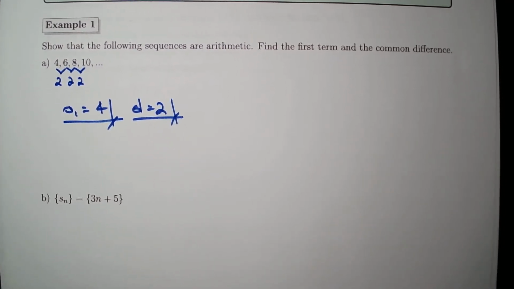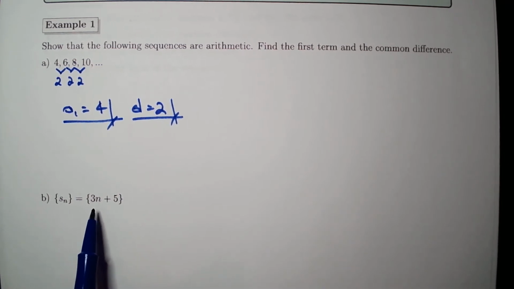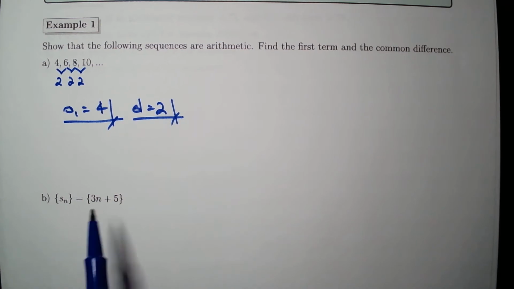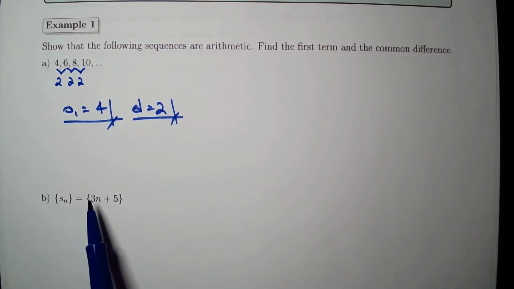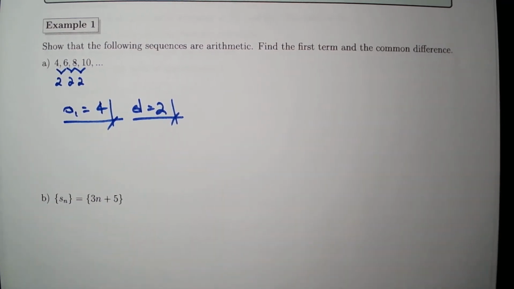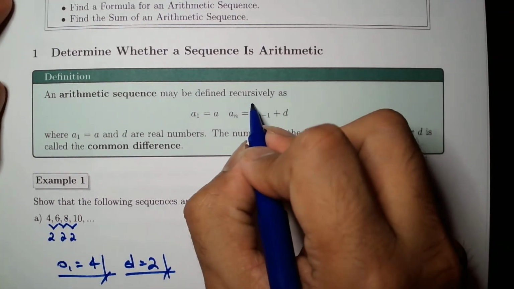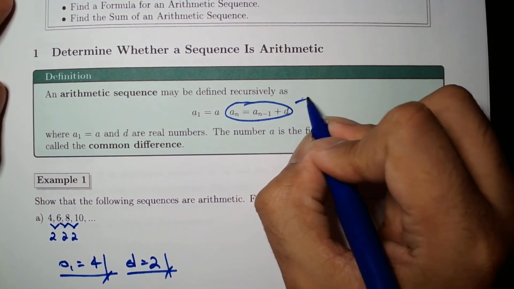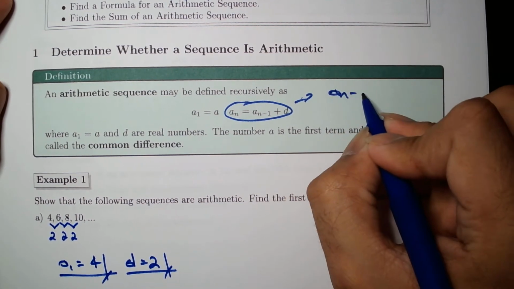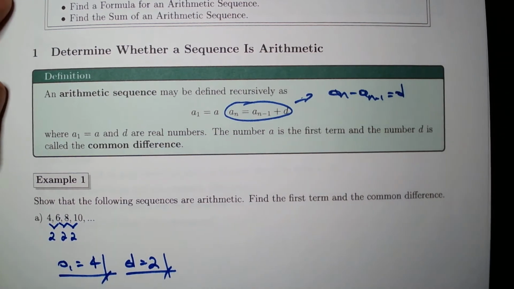Arithmetic sequences are going to look like linear expressions, like 3n plus 5. That's going to be an arithmetic sequence. In this case, they're asking us to show that the sequence is arithmetic, so we're going to use this form right here. We want to show that a sub n minus a sub n minus 1 equals d.